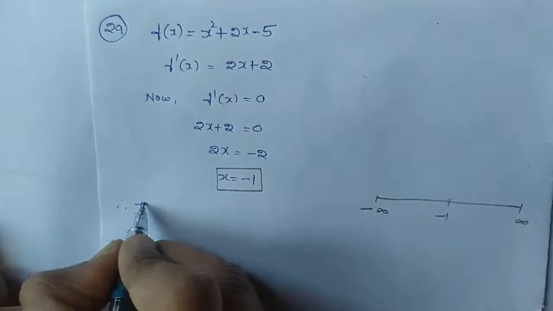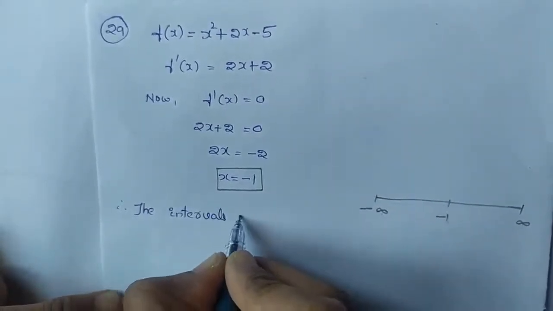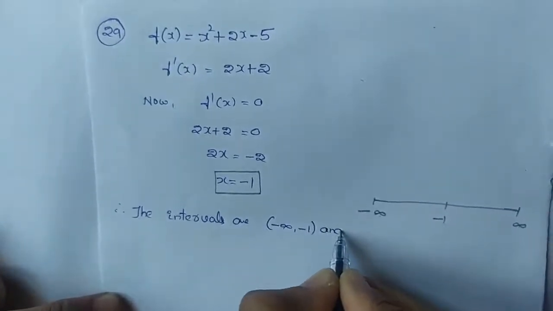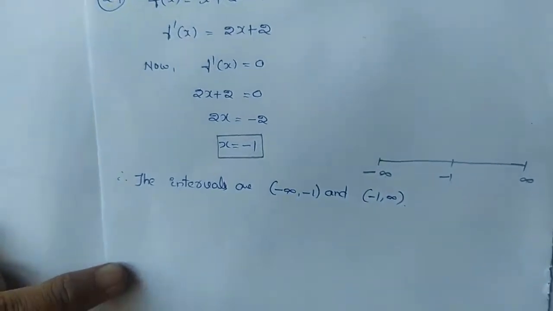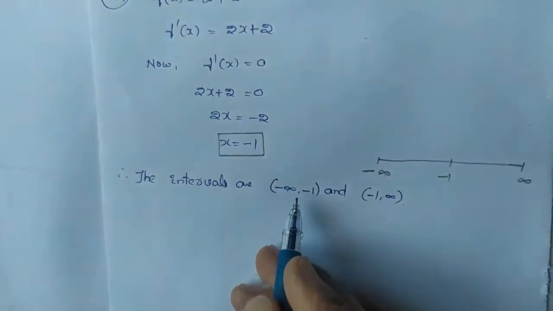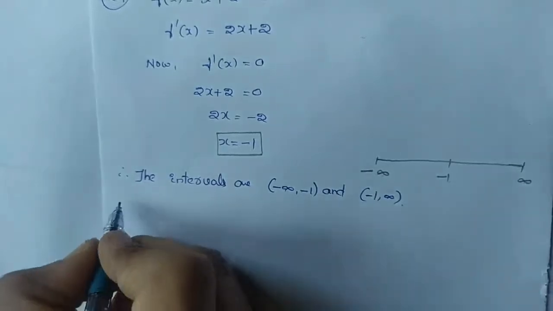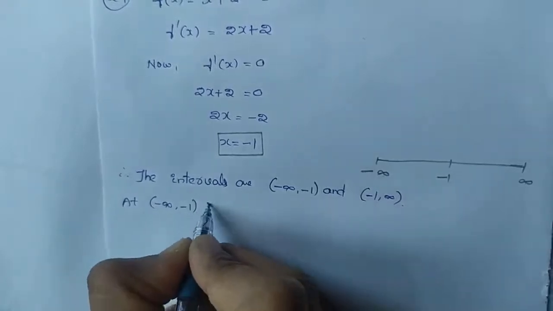Therefore, the intervals are minus infinity to minus 1 and minus 1 to plus infinity. Let us check at minus infinity to minus 1, whether it is strictly increasing or decreasing.